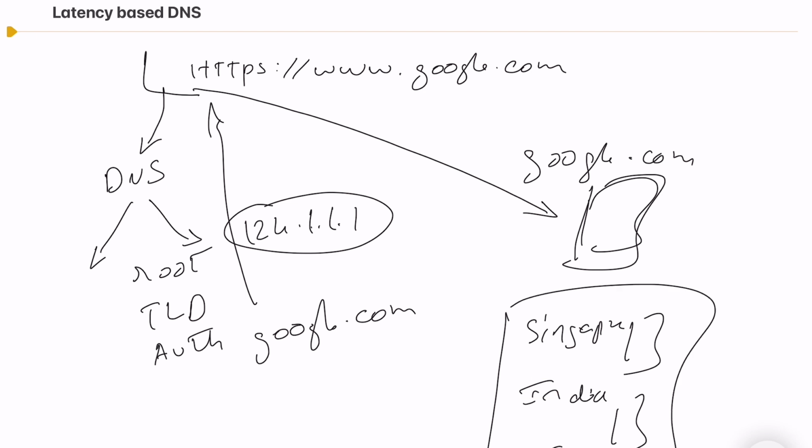Now, apart from being multiple servers across multiple regions, there is something called latency based. So, for example, if you are a client sitting in India, and you somehow try to connect to google.com.